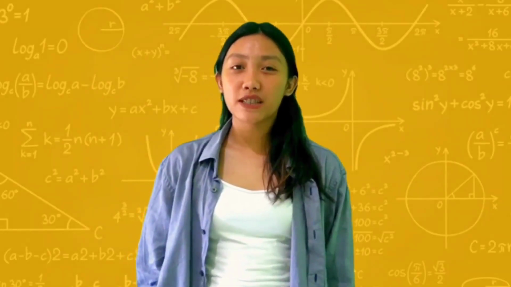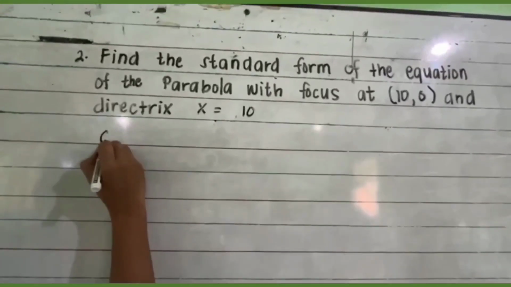Next, we have this problem. Find the standard form of the equation of the parabola with focus at (10, 0) and directrix x equals 10.